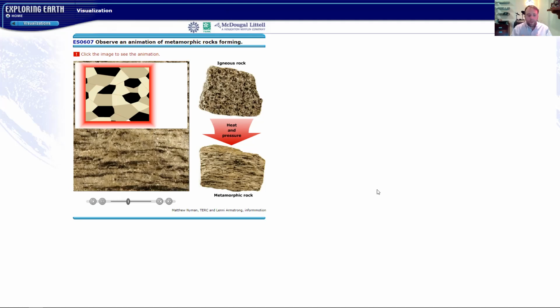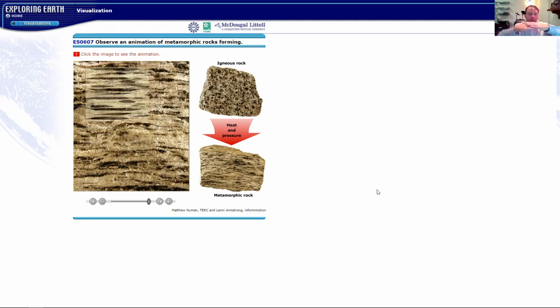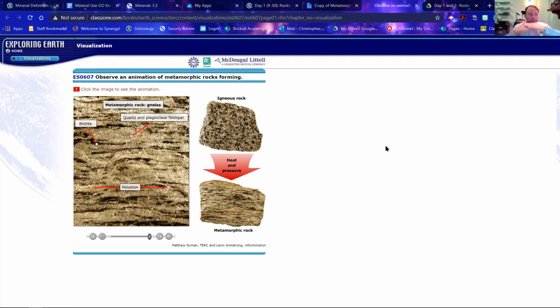Think about rice in a cup, and they're all kind of scattered. You start shaking the cup, and the rice will start to align itself into these nice bands, and that's exactly what happens in the case of a metamorphic rock. The minerals align themselves into nice, even bands.